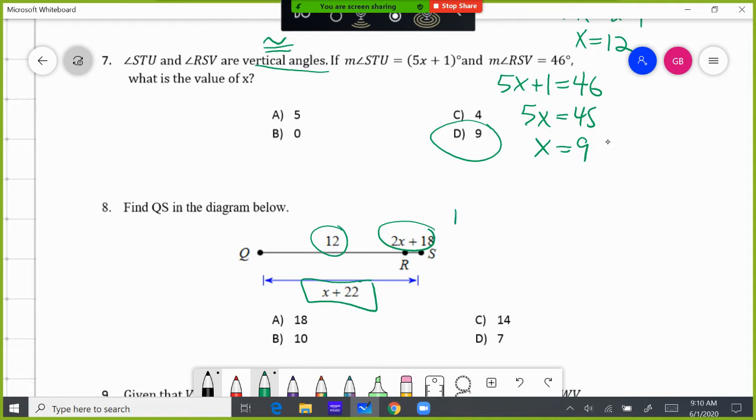Just write that out. Combine like terms. I'm sorry, this is not 12x, this is 2x. There you go.